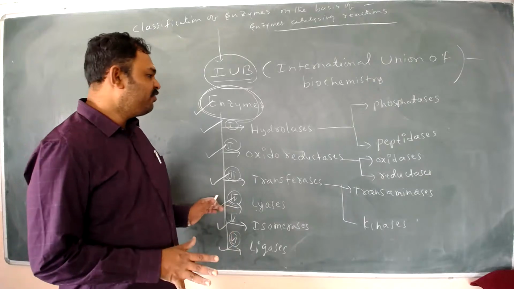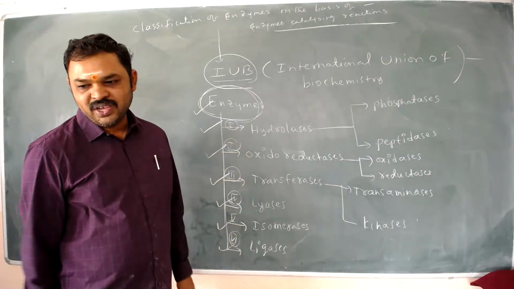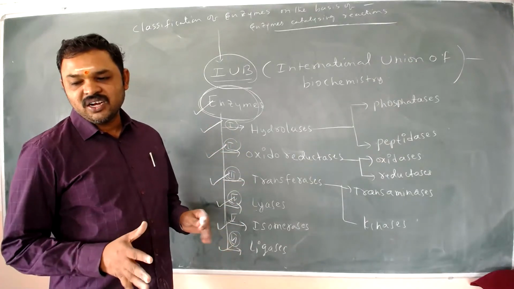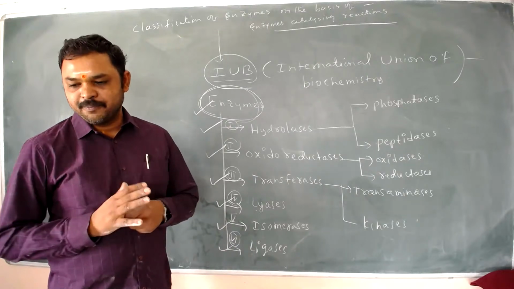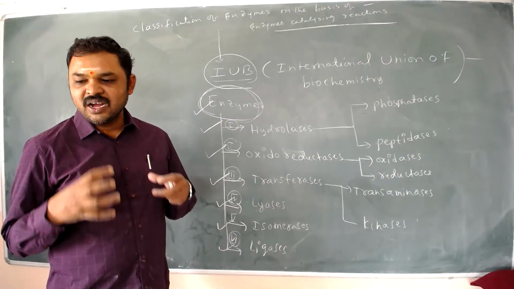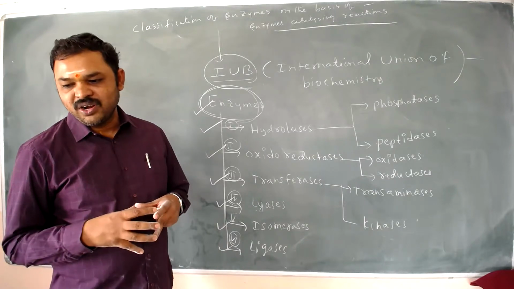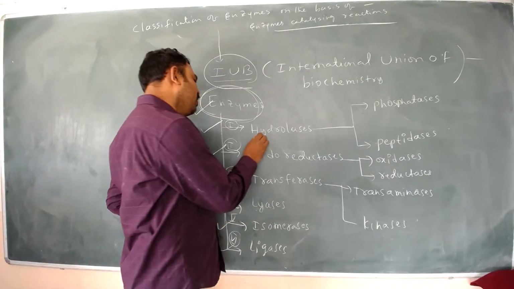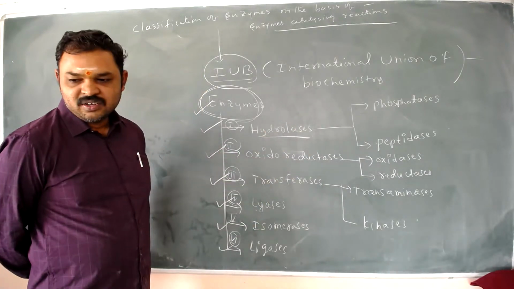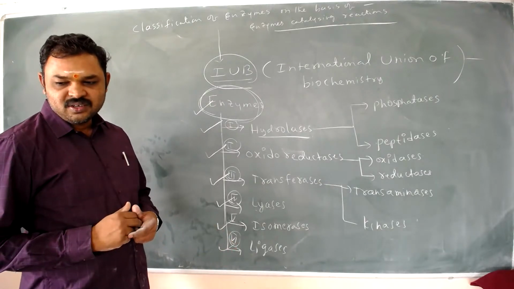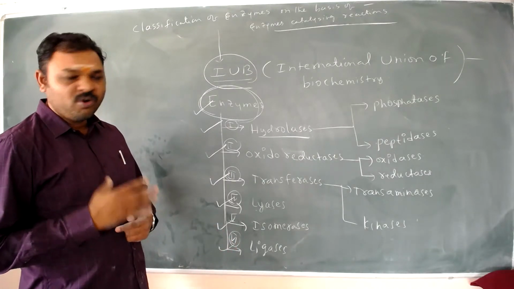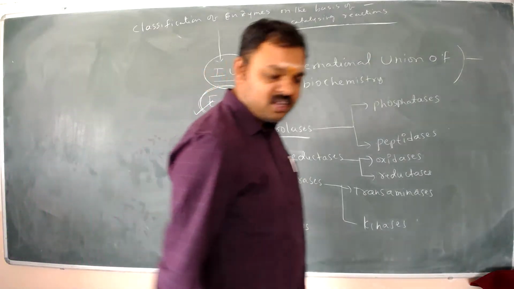6 classes of enzymes are there. So what are hydrolases? They catalyze the reaction in the presence of water. The enzymes which catalyze the reaction in the presence of water, how can they be called? Hydrolases. But how many types of hydrolases are there? 2 subclasses: phosphatase and peptidase. What is phosphatase? What is peptidase? We will see.